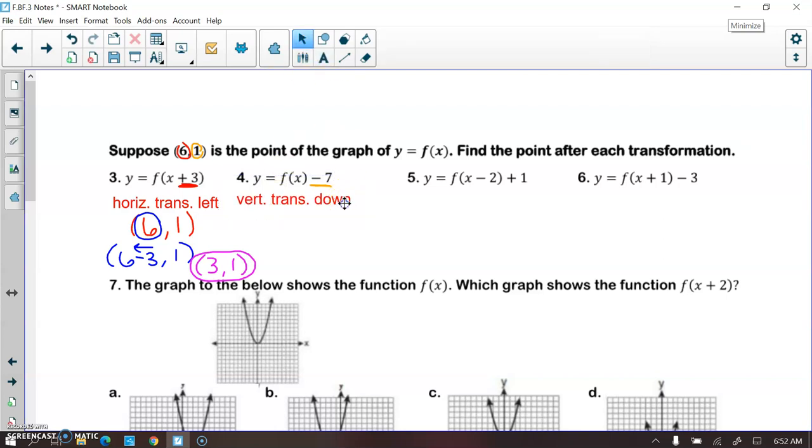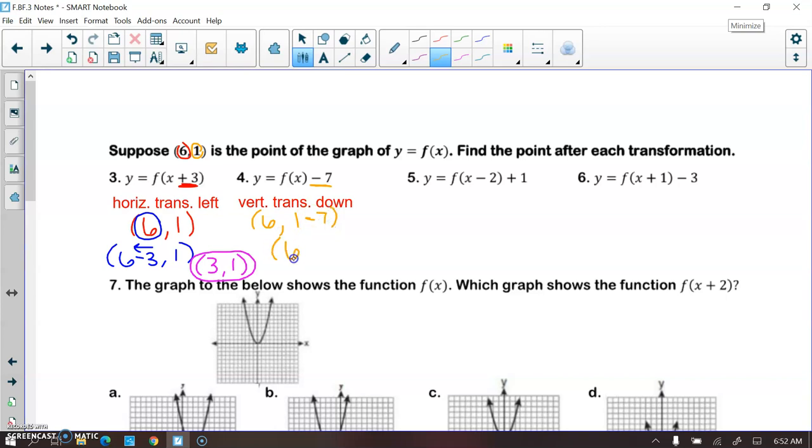Now we are just affecting my y value. So with the (6, 1), I'm going to take my 1, which is my y value, and subtract 7 from it. So I wind up with (6, negative 6) as my new point on my graph after I translated that.